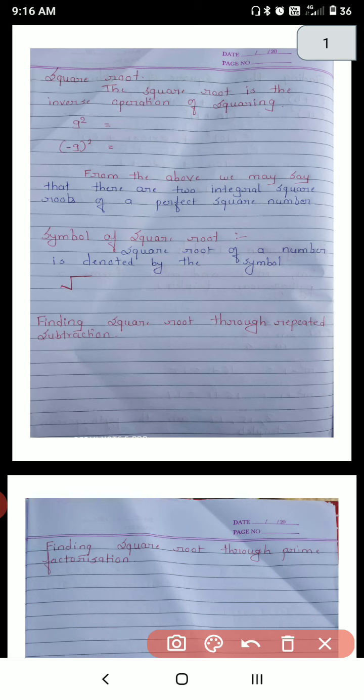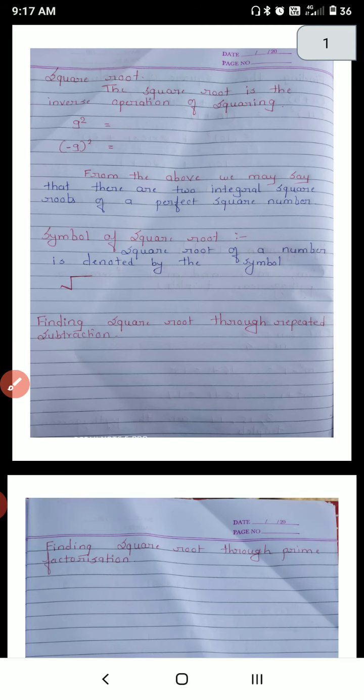Suppose we have to find the number whose square is 16. If you don't know 16 is the square of which number, and we want to know by repeated subtraction, we are adding odd numbers to get a square, right? So here subtraction means we will subtract the odd numbers from 16.